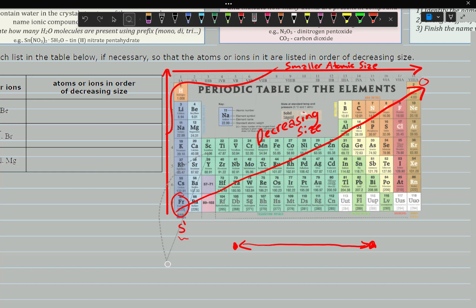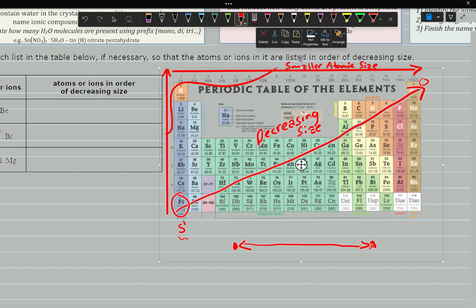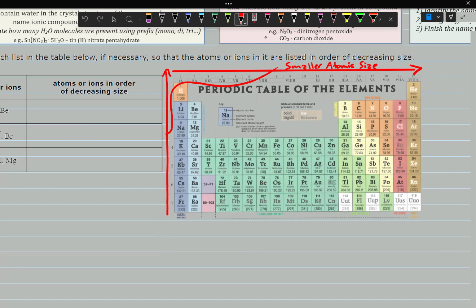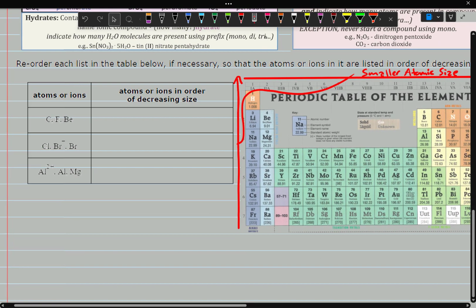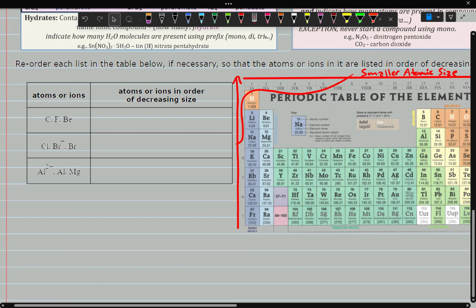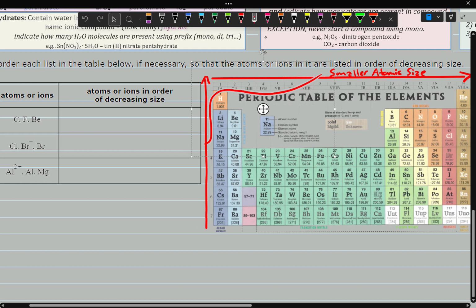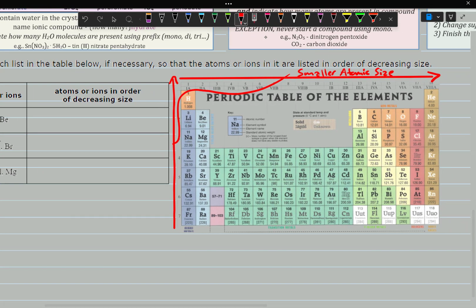So with that in mind, let's clear the table a little bit and look at what we have in this problem. So we have carbon, fluoride, and beryllium. So beryllium is here, carbon is here, and fluoride is here.